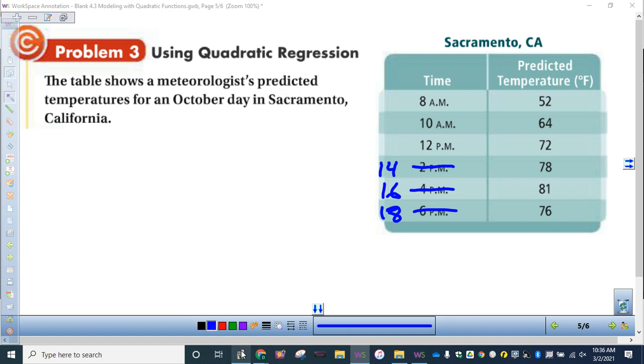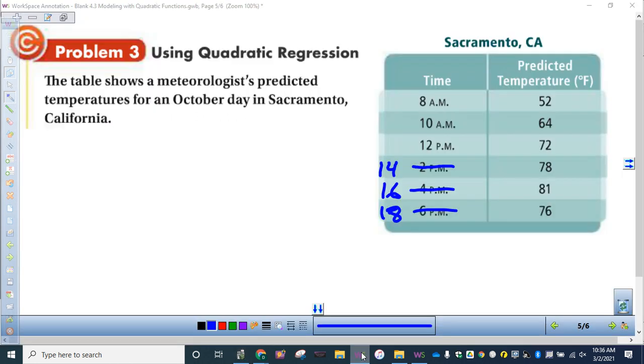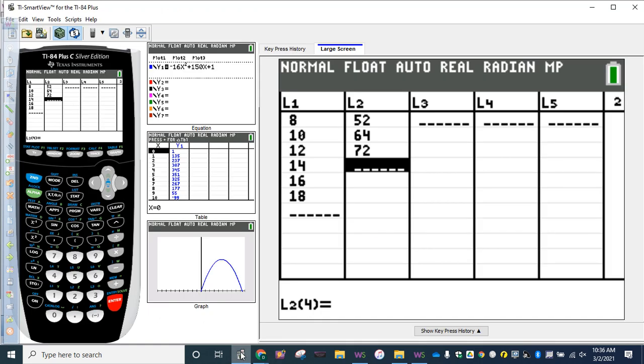Now I'm going to enter the right column. And I always double check everything because I get irritated if I get it wrong. So that's what it should look like in the stat edit.